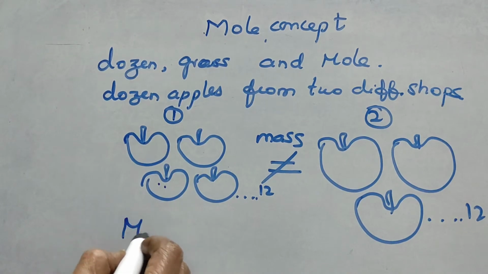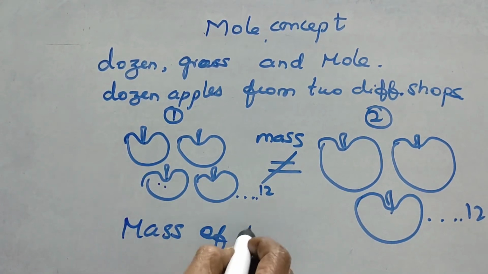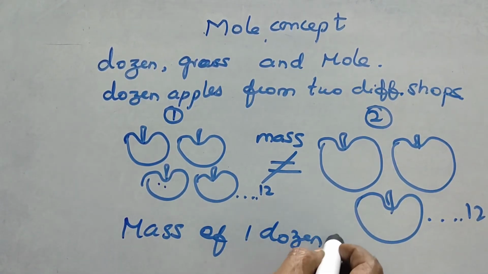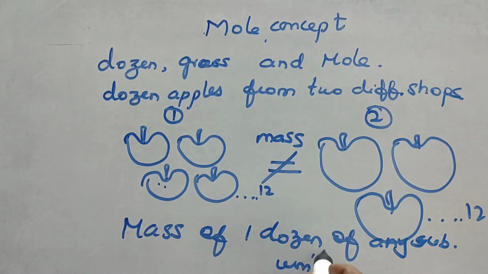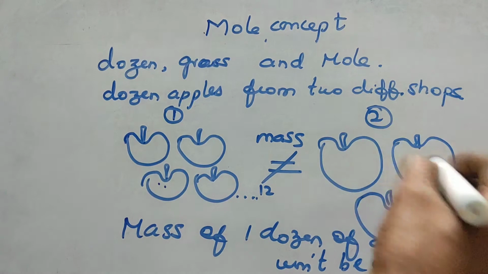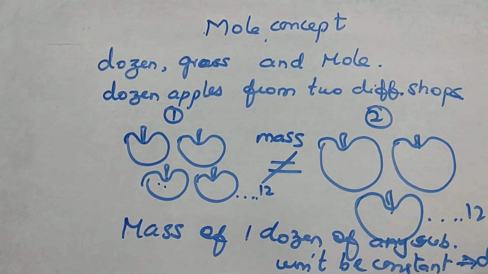So the mass of 1 dozen of any substance won't be constant, it will be a different value.